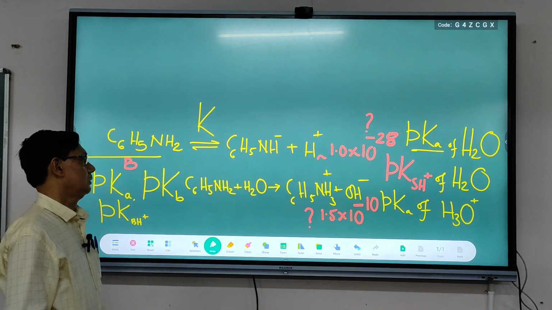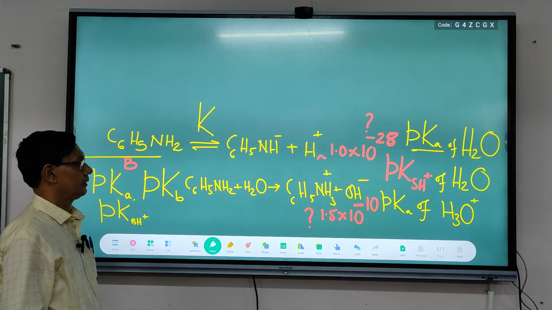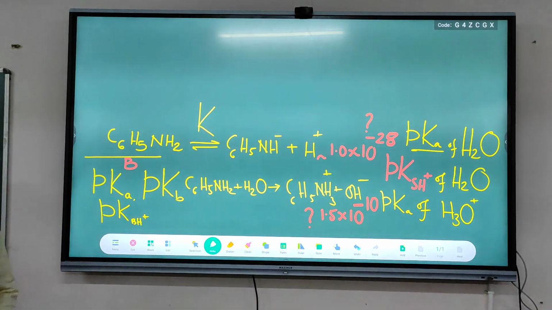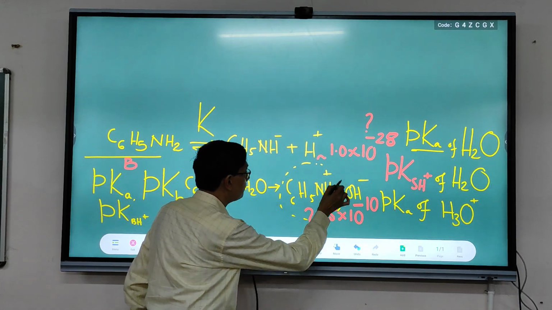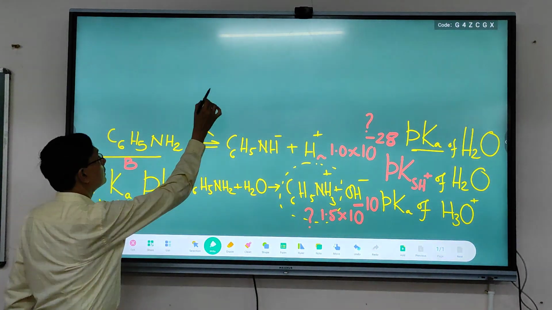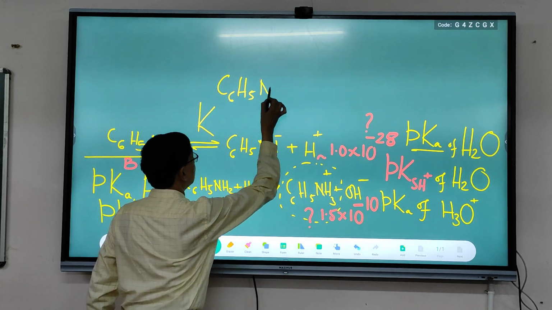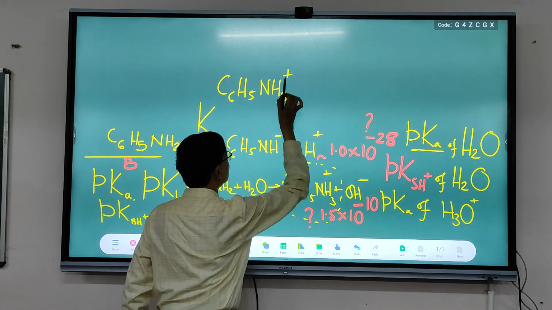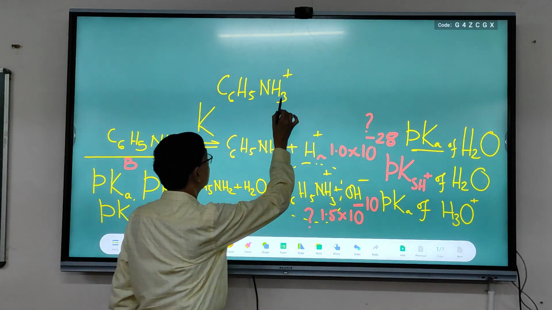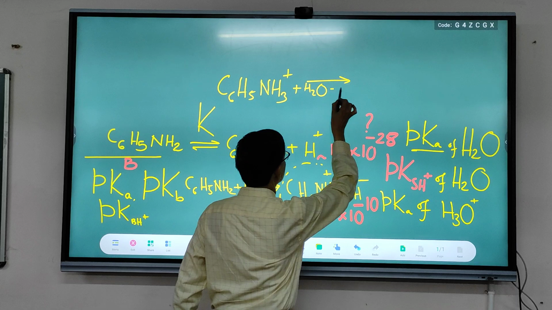So how can you decide which method is more correct? Thirdly, what you can do is use the conjugate part. That means if I take the conjugate acid of aniline, I can use water like that, or even you don't need water.